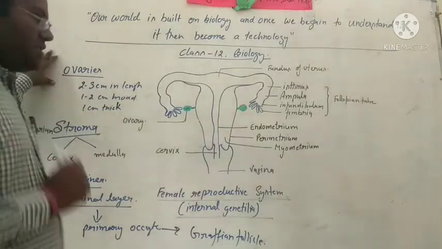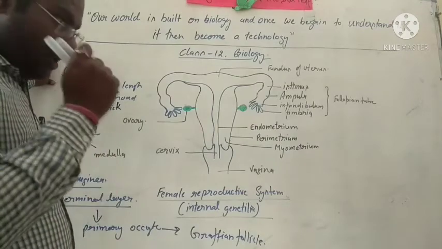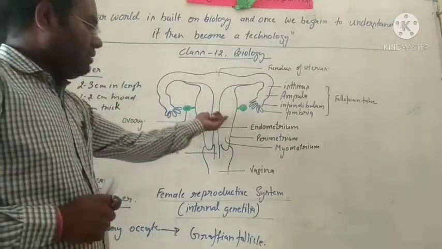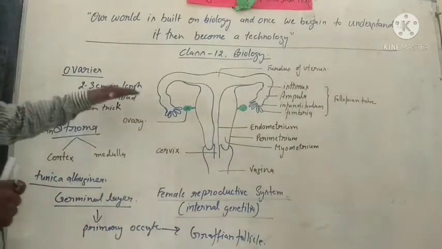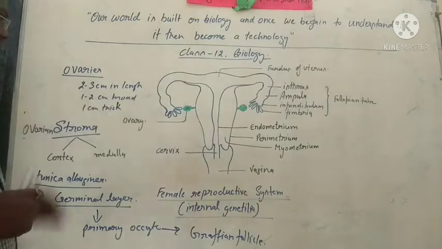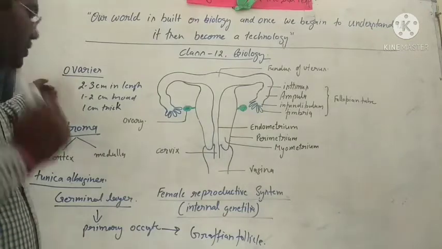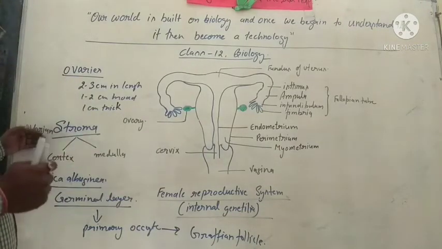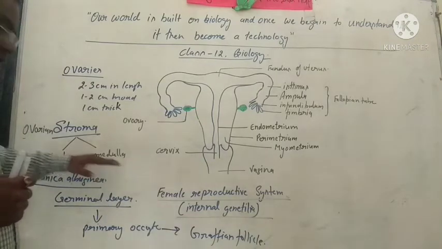So understand here: ovaries are two in number, oval shaped structures, located in the pelvic region on either side of the uterus. Each ovary is about 2 to 3 centimeter in length, 1 to 2 centimeter broad, and 1 centimeter thick. Each ovary consists of ovarian stroma, differentiated into cortex and medulla.